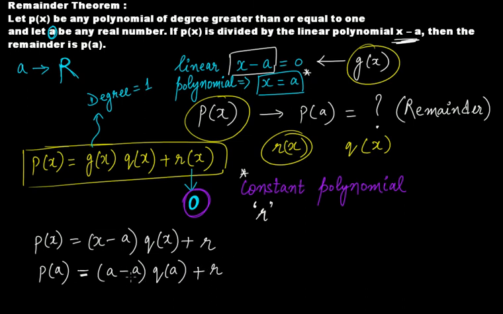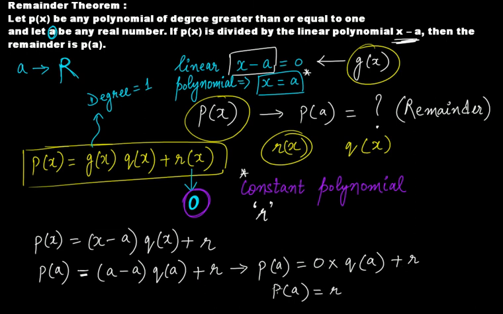Now a minus a is 0. So P(a) is equal to 0 multiplied by Q(a) plus r, and 0 multiplied by Q(a) is 0. So P(a) is equal to r.